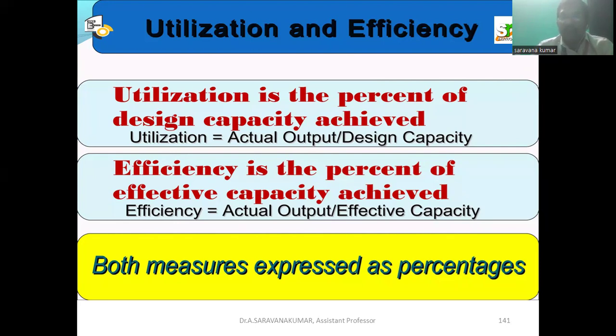For example, if you take input and output, output is the result of the rate, so the rate is reflected in the output. Efficiency is the percent of effective capacity achieved. That is why we say efficiency equals actual output divided by effective capacity. So these points are very important for operations management.